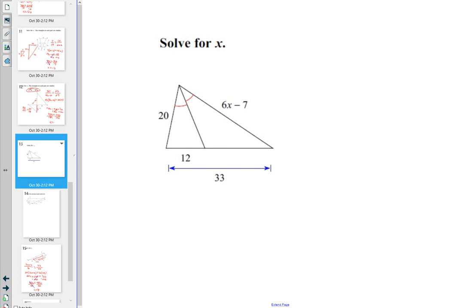All right, angle bisector theorem. We worked on this one before. What can I compare the 20 to? 6x minus 7. It's not really a scale, but okay, they correspond. And then the 20 is on the same side as the 12. What can I compare that to? 33 minus 12. They're giving it as 12. So that would be 21.